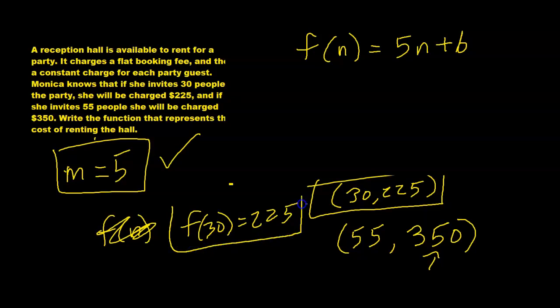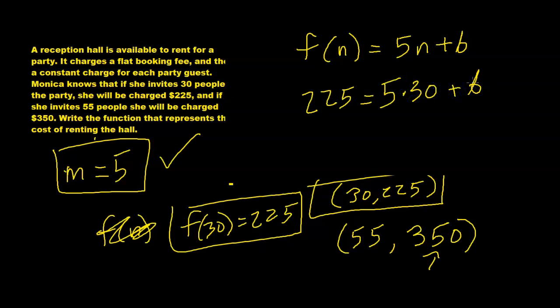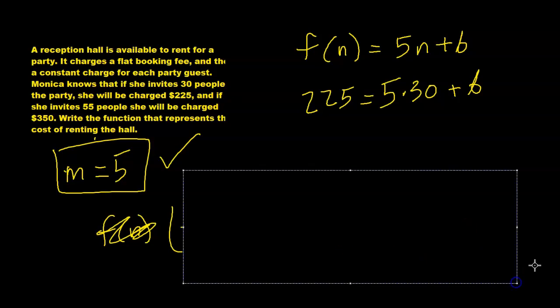So if n equals 30, f of n equals 225. So we can plug in 225 for f of n, and we can plug in 30 for n. Remember, this is what we spent some time doing last lesson. So let me make some more room here.